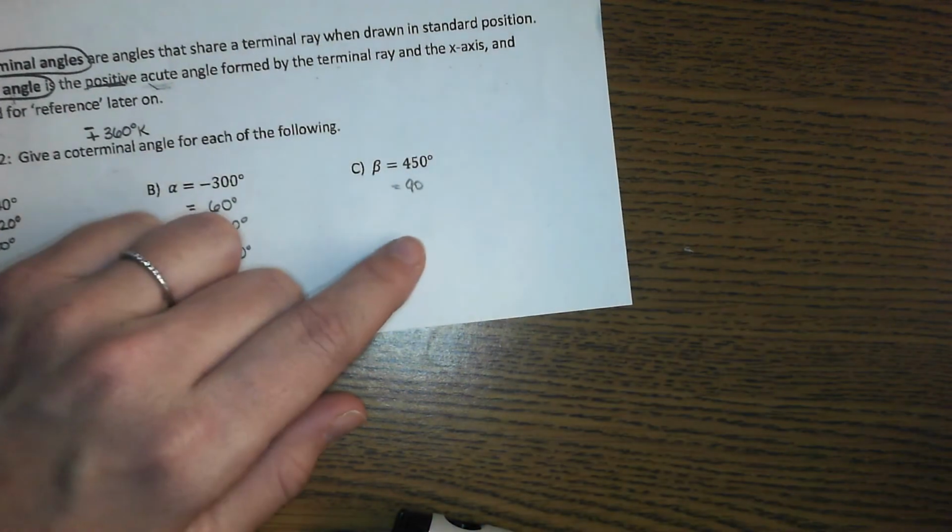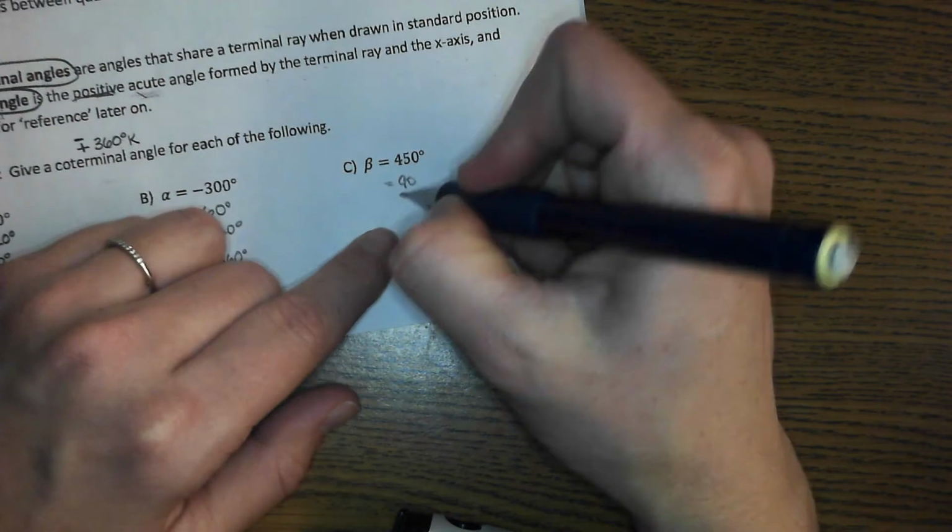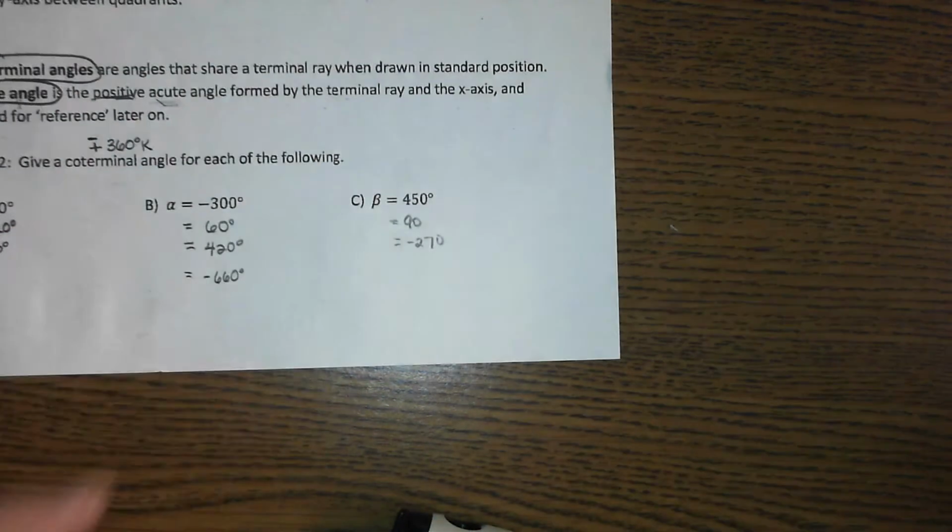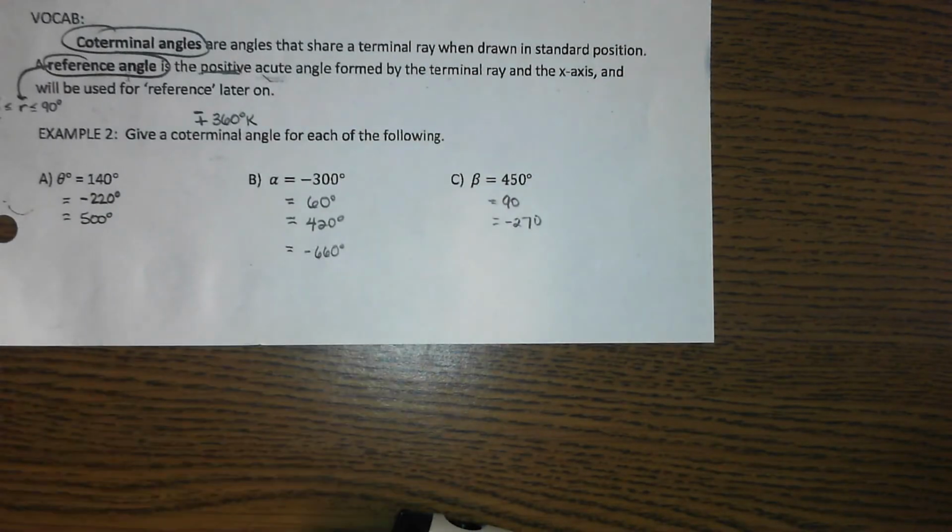I could subtract 360 off of that again, I could get negative 270. It only asked for one coterminal angle. I'm giving you multiples. So if I just said, give me a coterminal, there could be 27 different answers. If it's a multiple choice, they might phrase it, which of the following is not a coterminal? You know, they give you 3 that are and 1 that's not. Any questions?